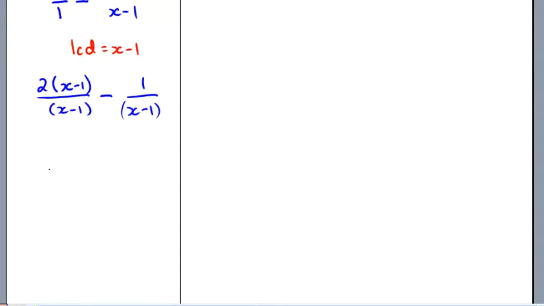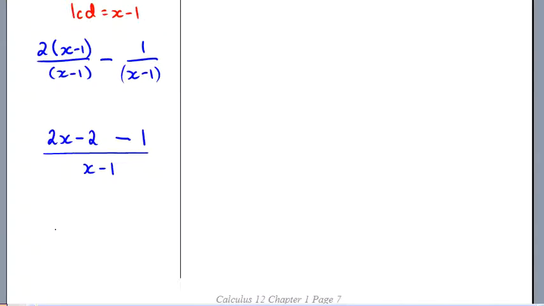So we're going to have 2x minus a 2 and then subtract a 1, all sitting on top of this least common denominator of x minus 1. Tidying that up, about as far as I can get is 2x minus 3, all sitting on top of x minus 1.